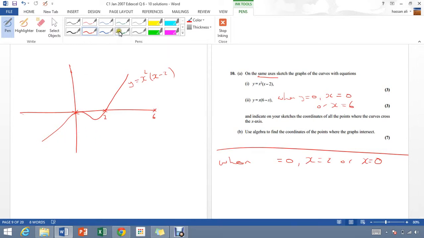I'll do another color. It looks like you'll be coming across here, and it will just be coming down at 6. So this one here is going to be y equals 6 minus x. Okay, and obviously don't forget to label your axes.